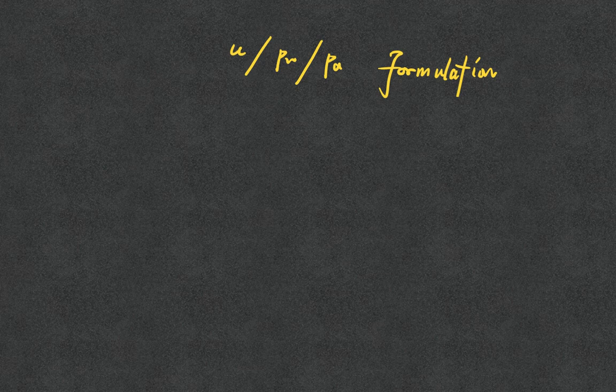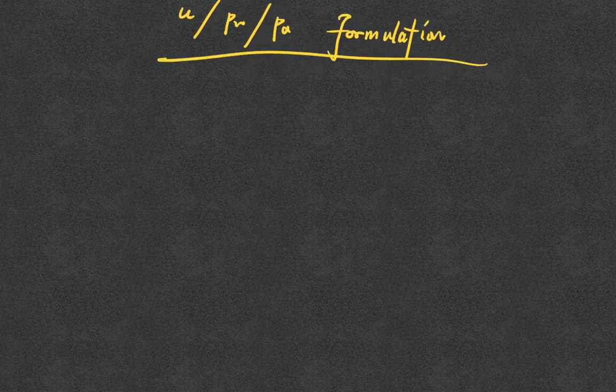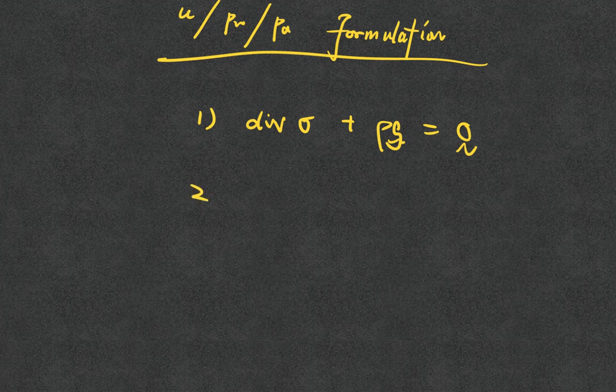Okay, but let's talk about the upside of what we can do. In general, you can model this again with a Taylor-Hood element or with a stabilized element. You have one set of equations: the divergence of the total stress plus the body force equal to 0. That 0 is not a scalar, it's a vector here.